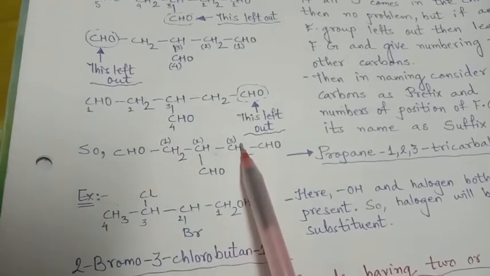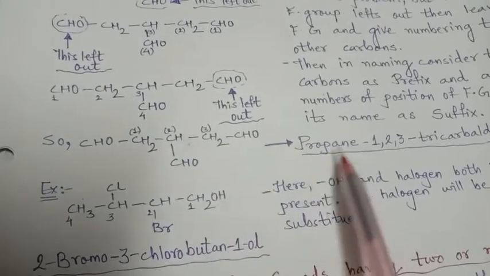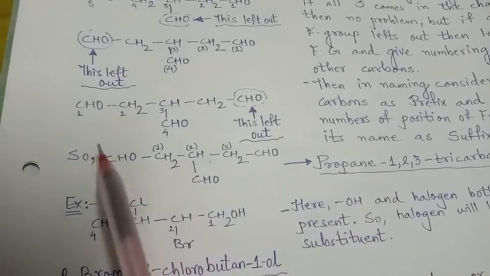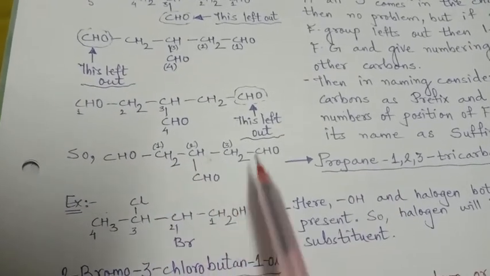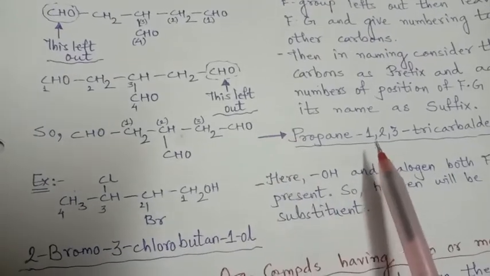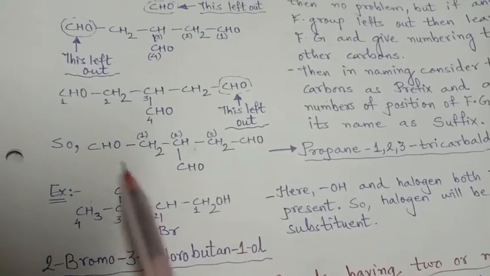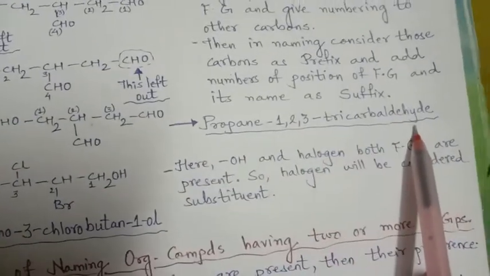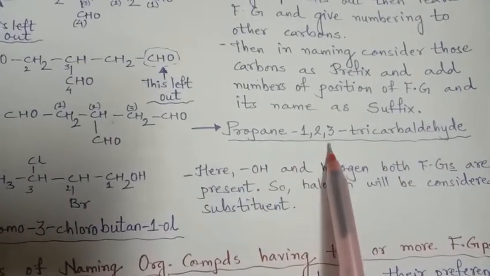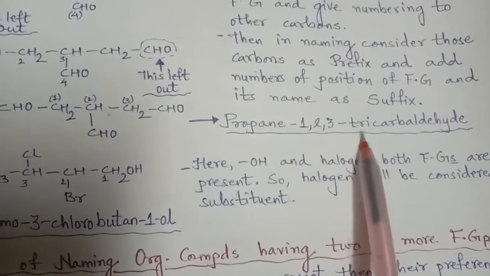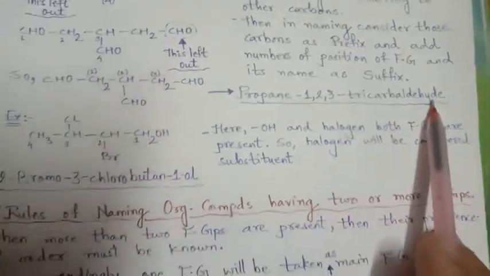So here propane, 3 carbon, it will take prefix propane, 1 carbon attachment, second carbon attachment, third carbon attachment. So 1, 2, 3, all 3 same groups. So tri carb aldehyde. Propane 1, 2, 3 hyphen tri carb aldehyde. Clear?